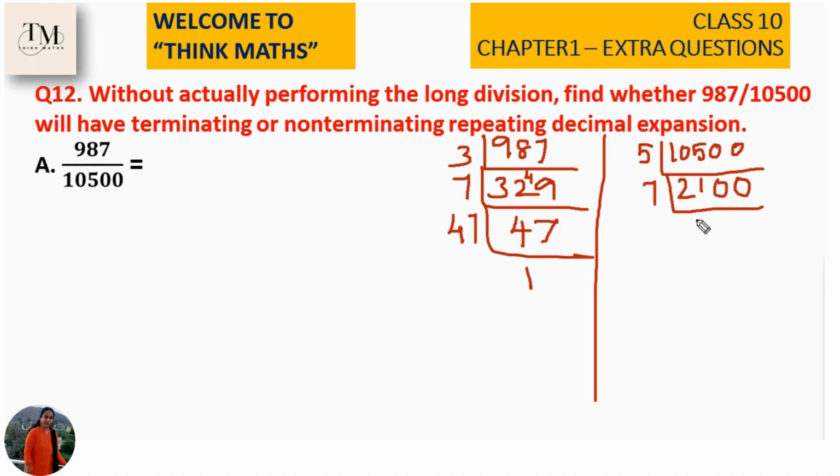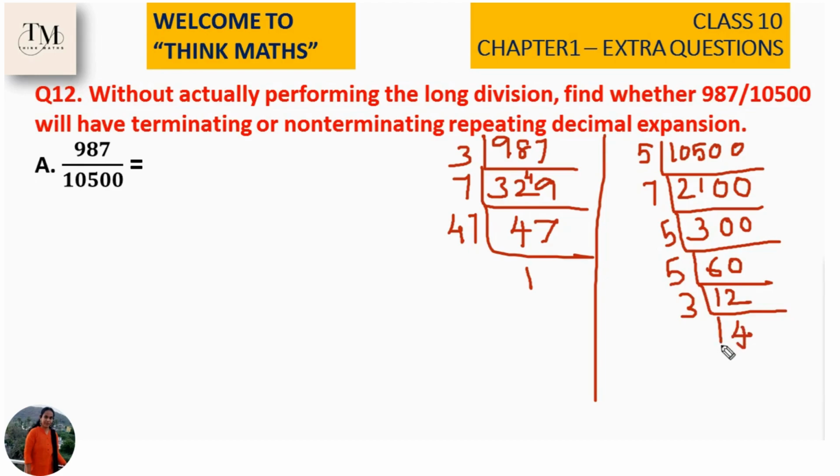So 7 3s are 21, 0 0. Again I take 5. 5 6s are 30, 0. Again I take 5. 5 1s are 5, balance 1. 2 5s are 12, so you can take 3. 3 4s are 12. 2 2s are 4.